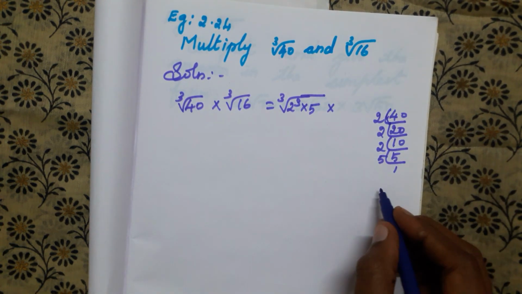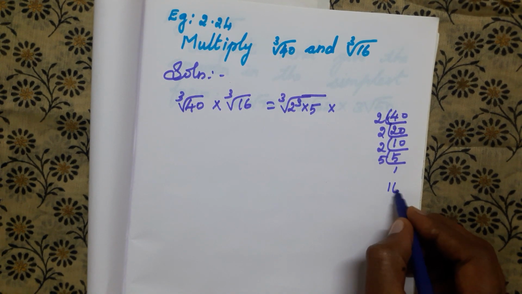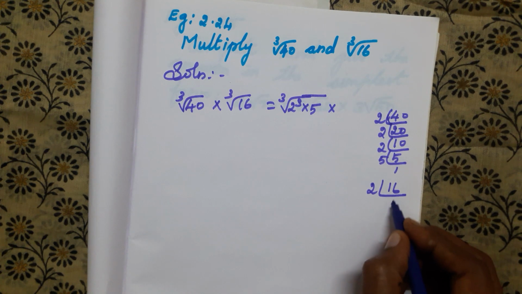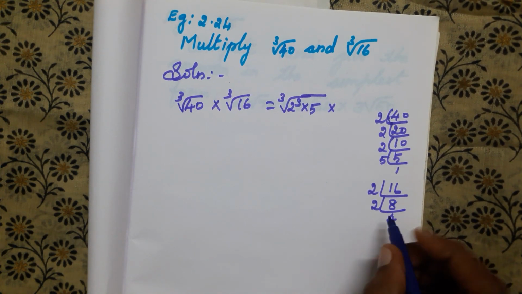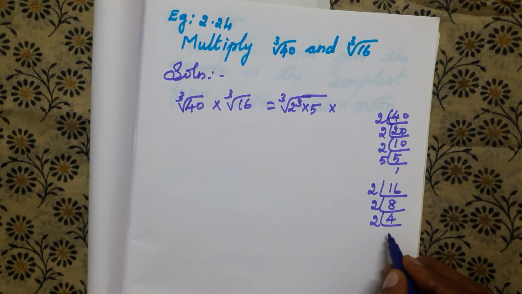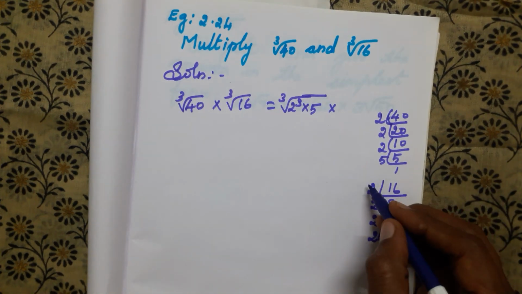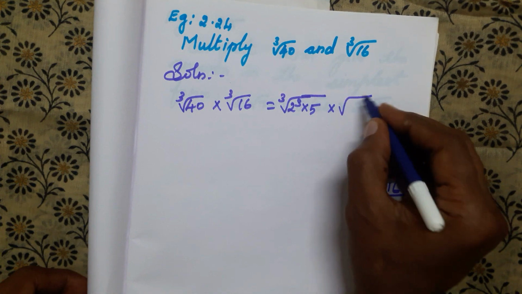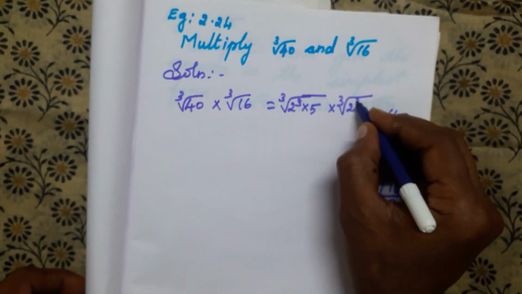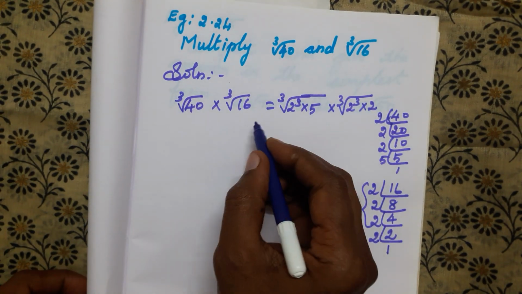Next is 16. Can we factorize this 16? Yeah, we can factorize. 2 times 8, 2 times 4, 2 times 2, 2 times 1. So how can we write it? 2 cube into 2. Can you understand this?